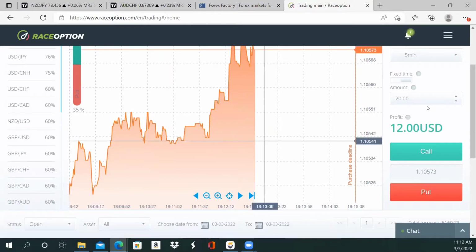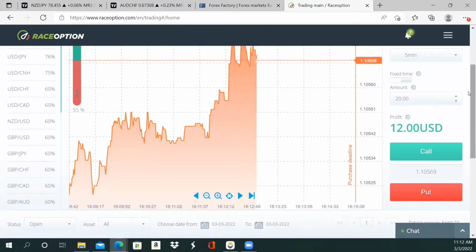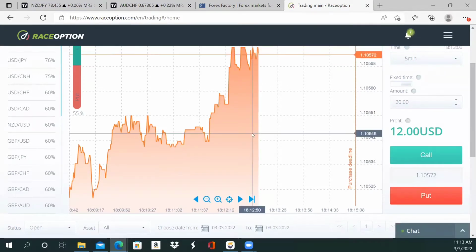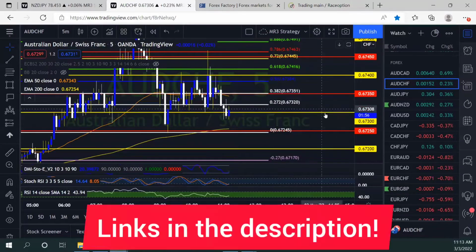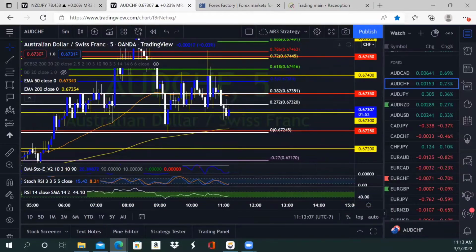So here we're going to have our broker set up. Today we'll be using Race Options. In the different links we've left, we've had Tradeonics, which is a really good broker. Race Options, we've really never had a problem with them.